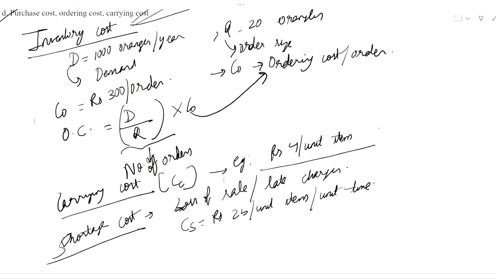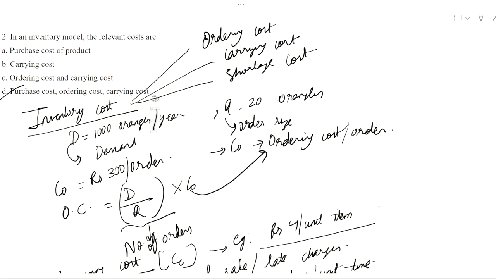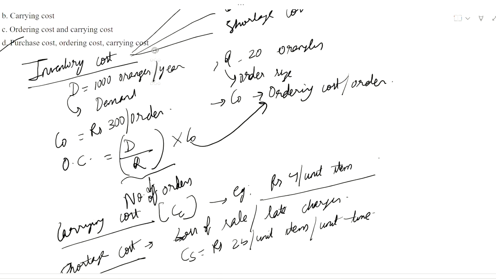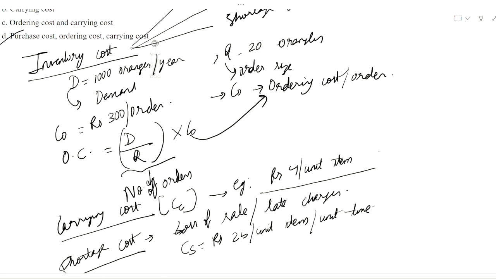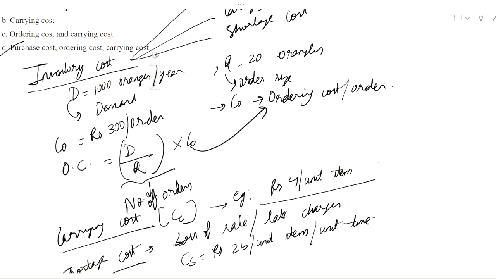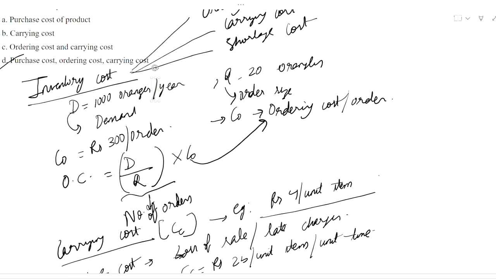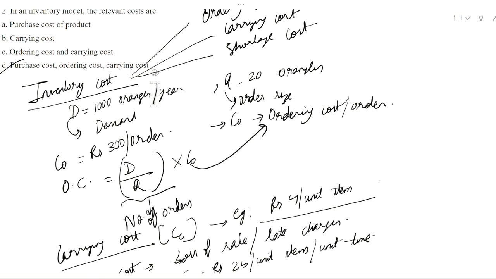Next, we solved some questions on the EOQ model, which involves carrying cost, ordering cost, and shortage cost. These are the formulas. The ordering cost is D by Q times the ordering cost per order.